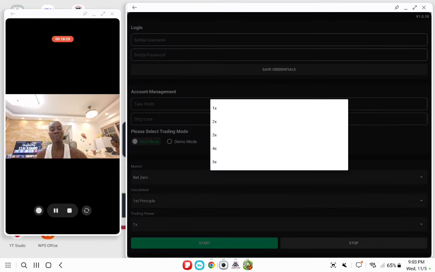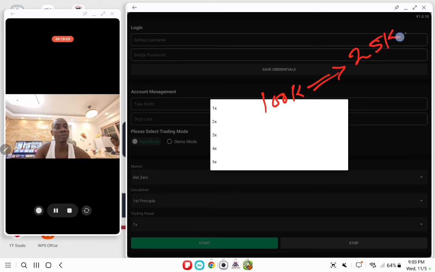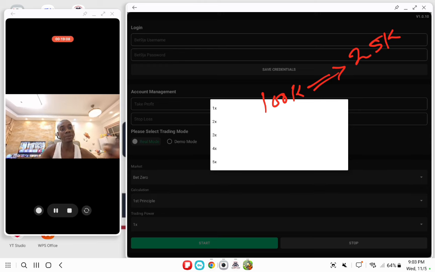Now, trading power. In trading power, the higher your trading power, the higher your profits. So let's take for instance, the amounts I put there are by default for one-time trading power. If you are using the first principle calculation and your capital is 100k, you make 25k maybe in the day.